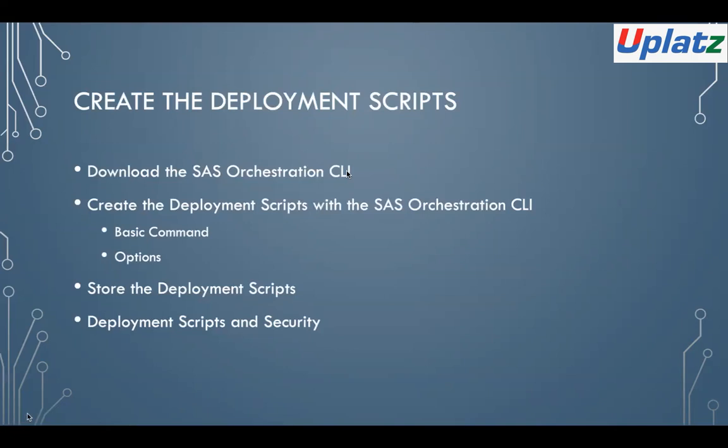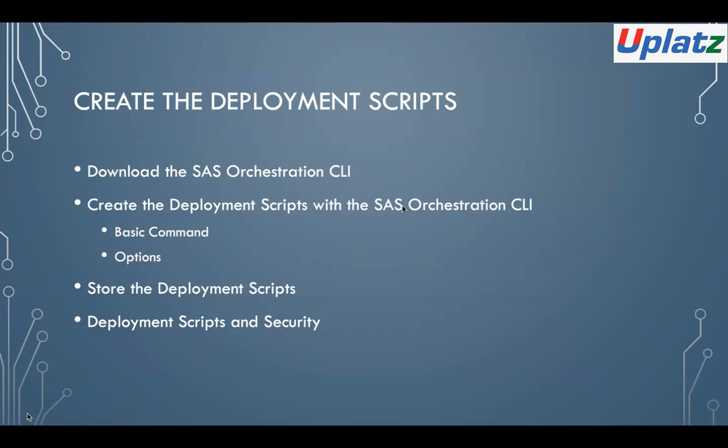Unless you are only deploying using a mirror repository, as a mirror repository doesn't require an internet connection. So you will first download the SAS orchestration CLI. The email that you received will contain the attachment, and you will use that attachment to go to the SAS orchestration CLI download website, and you will download the file for the operating system that you are installing.